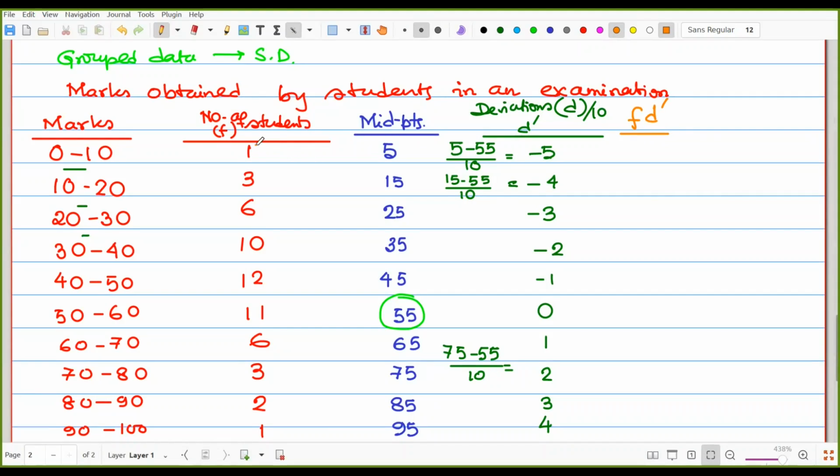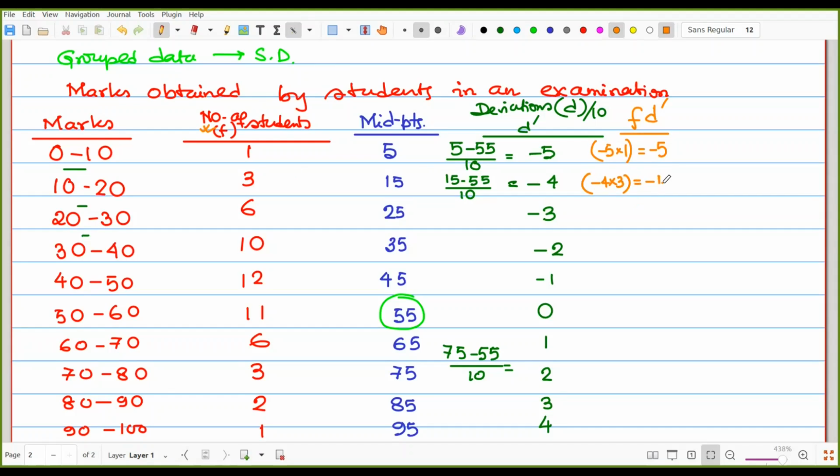That means the F here must be multiplied with the D dash. So here, first one, minus 5 into 1. So that is minus 5. Second one, suppose minus 4 into 3.